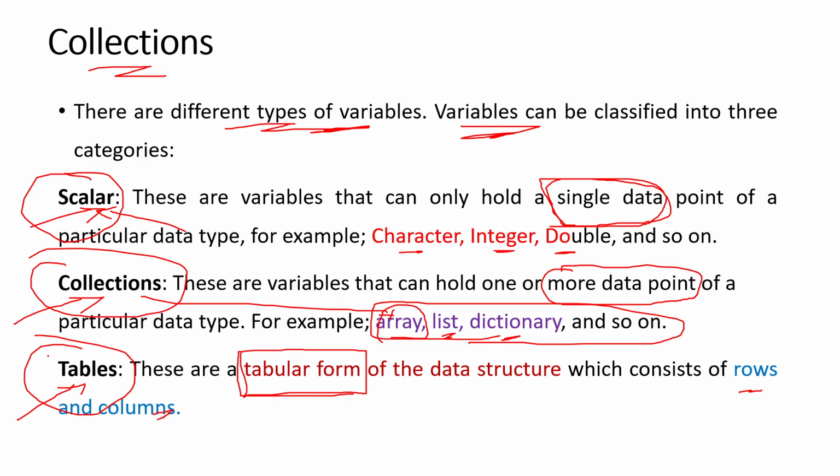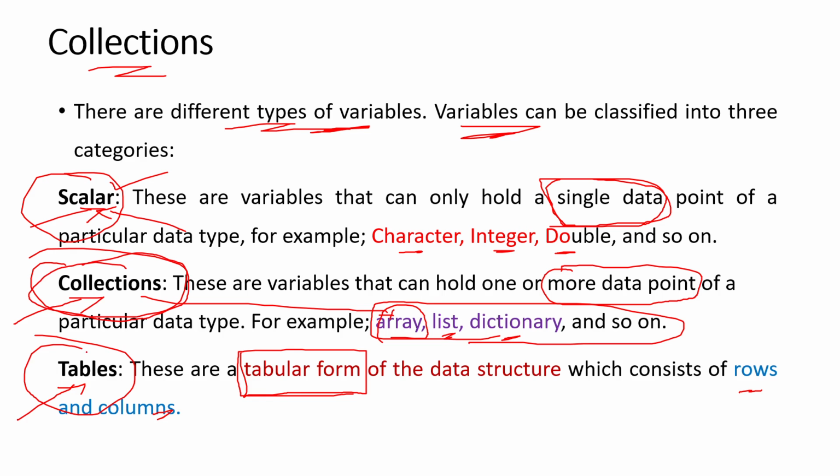So make it simple. If you need a variable to hold one data, like age and name, as I said, you can go ahead with a scalar variable. And if you need a variable to hold homogeneous collections of items, for example USNs of the students of fifth sem ISE, then you can go ahead with the collections type.